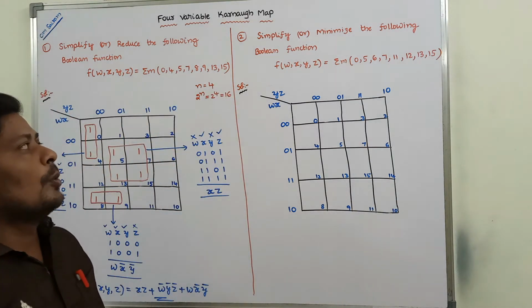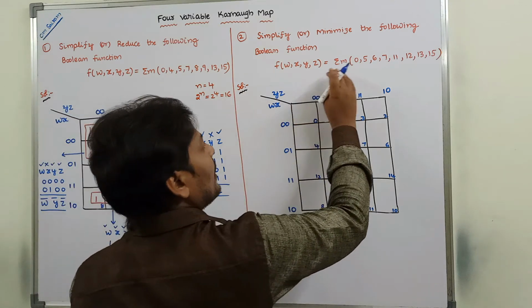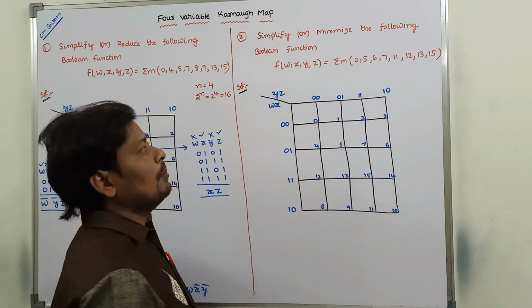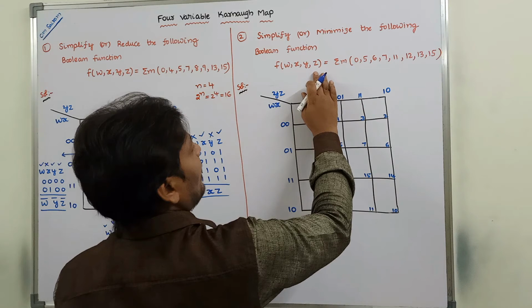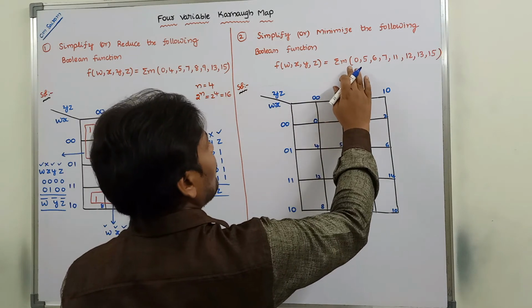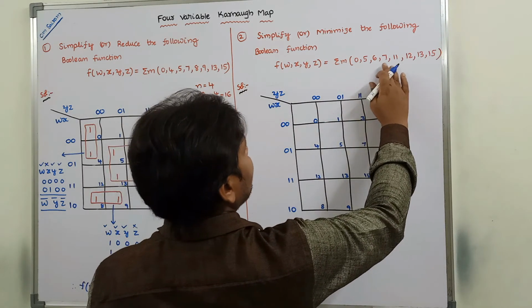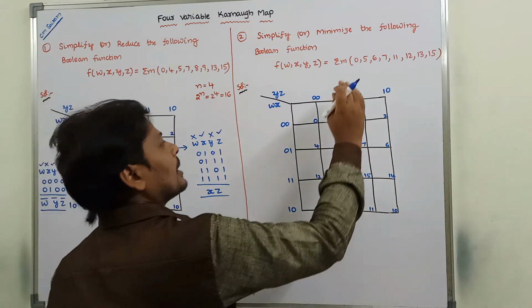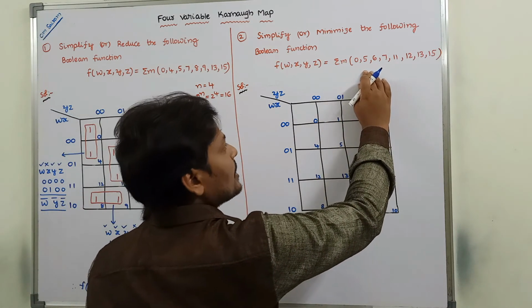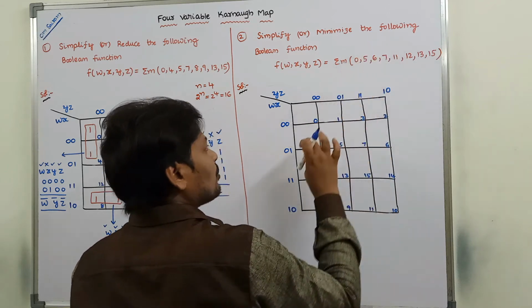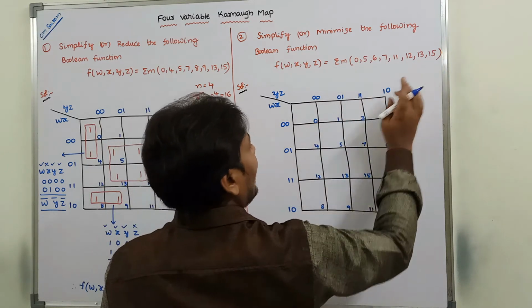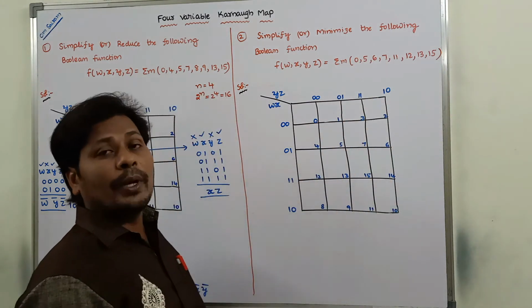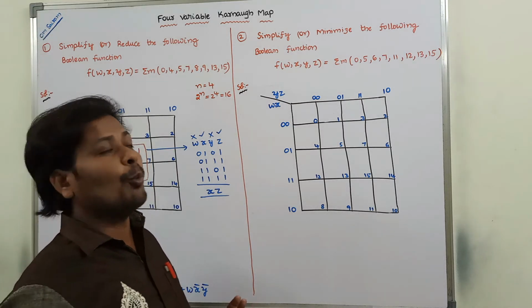Now, what are the min terms given in the problem? F of W X Y Z is equal to sigma m of 0, 5, 6, 7, 11, 12, 13, 15. For the given min terms, at the corresponding cells we are inserting value 1.